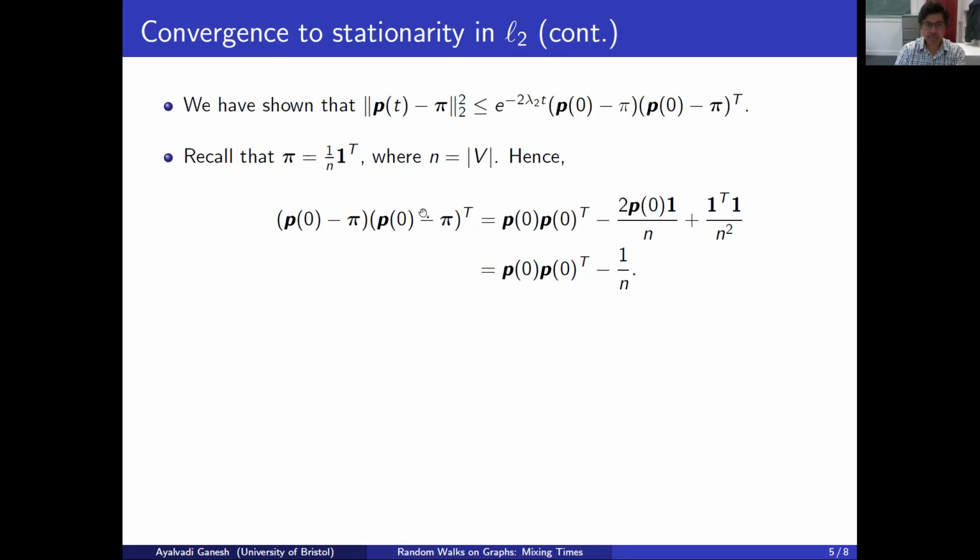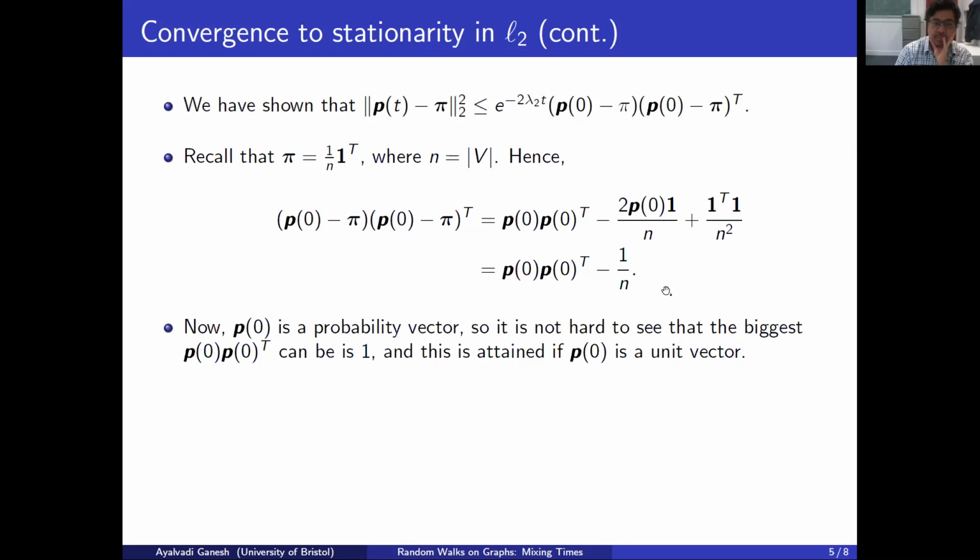And then we get pi times pi transpose, which becomes this thing. And if you simplify, you have the first term as it is. P naught times the all one vector is 1, so you get minus 2 over n, and 1 transpose 1 is n, over n squared is 1 over n. So this is what you get after simplification.